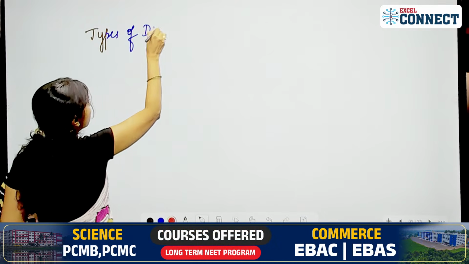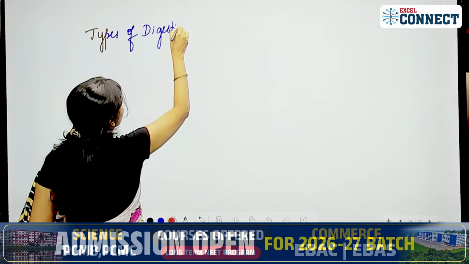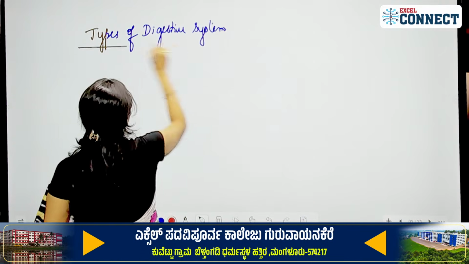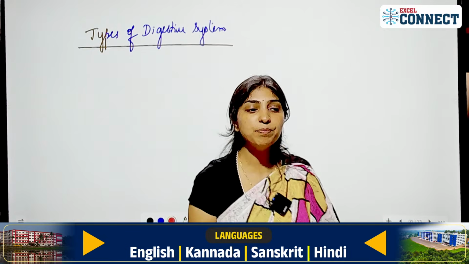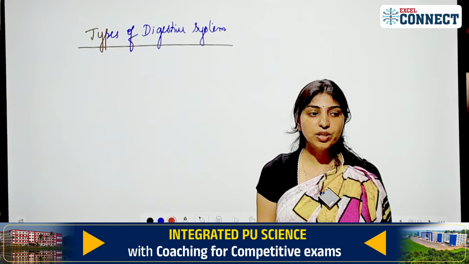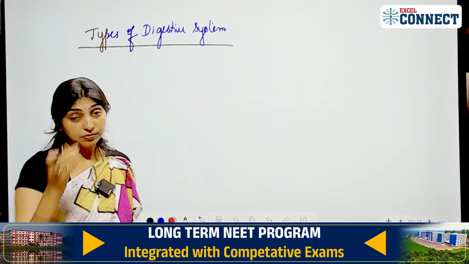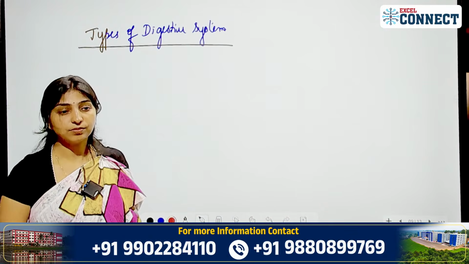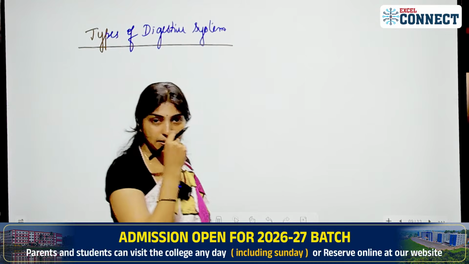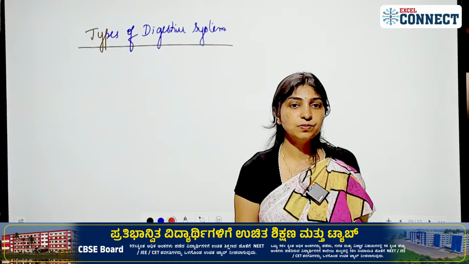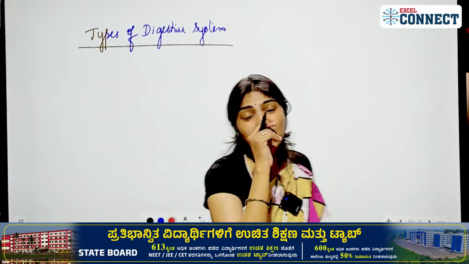Now, my question is, whether all the animals belonging to organ system have the same type of digestive system. Do they have the same type of digestive system? Yeah, no, there are different types.